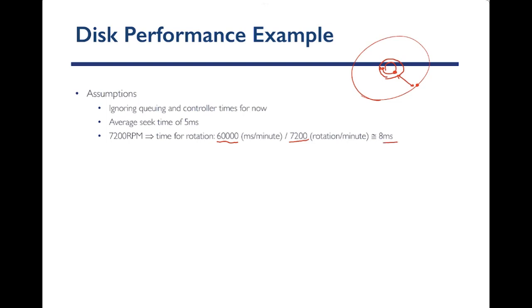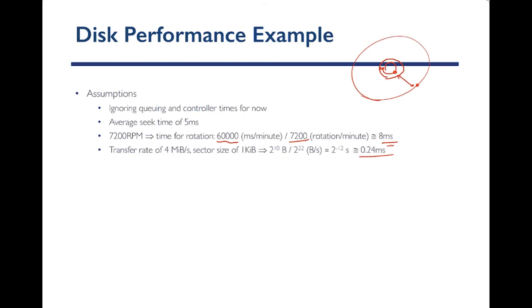That gives you about 8 millisecond rotation time. So this is the time that it takes for a complete rotation. Let's assume that your peak bandwidth is 4 megabytes per second. Now, if the sector size is 1 kilobyte, then the time it takes for you to transfer one sector is about 0.24 milliseconds.